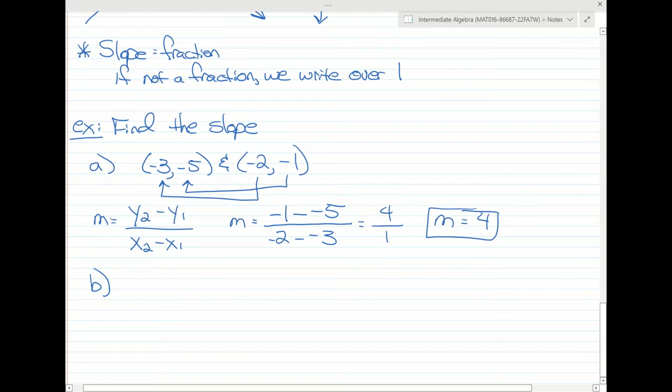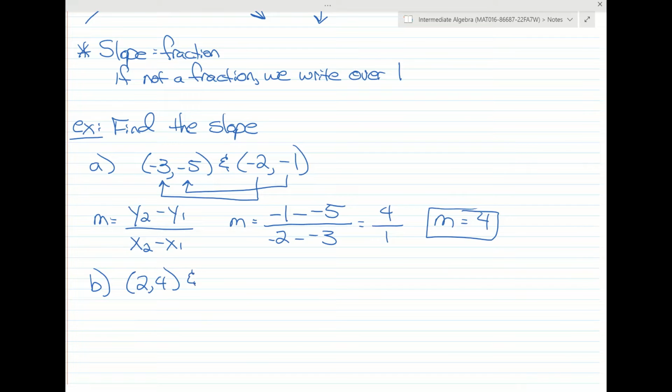More of these. What if we had 2 comma 4 and 2 comma -6? And we wanted to find the slope. Same thing as before. -6 minus 4 over 2 minus 2.